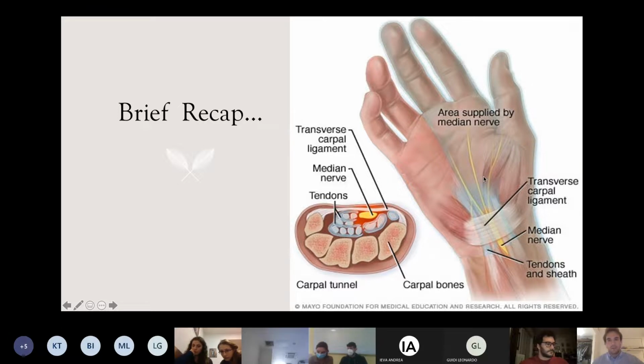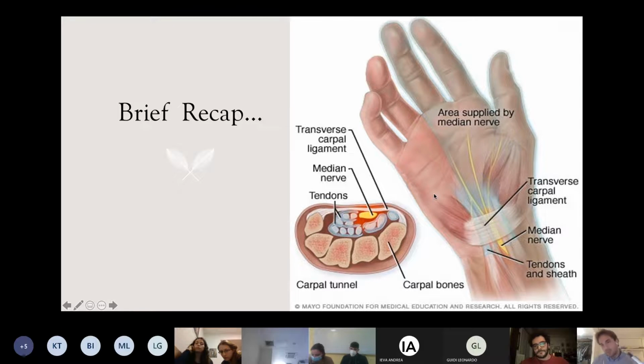of the hand. Okay, to make the diagnosis, we use the signs and symptoms, which are quite peculiar, and also two types of tests, which are the Tinel test, where you hit the transverse carpal ligament with your finger, and in that way you would elicit a paresthesia, or the Phalen sign, where you ask the patient to flex their wrist in this position, and also in this position you would elicit paresthesia.